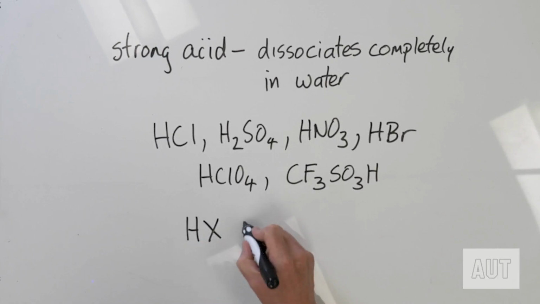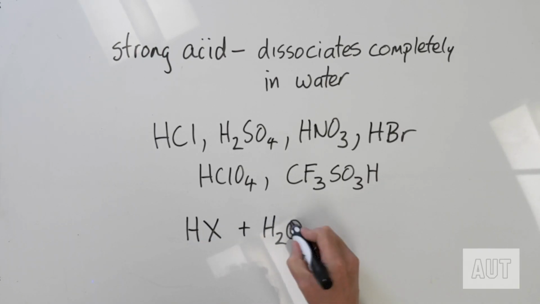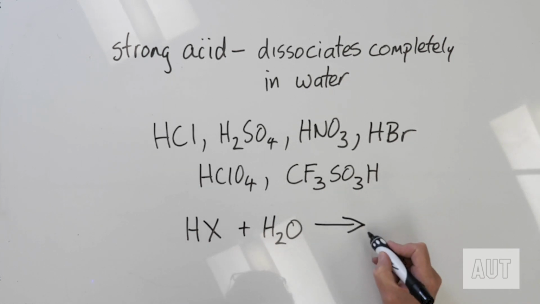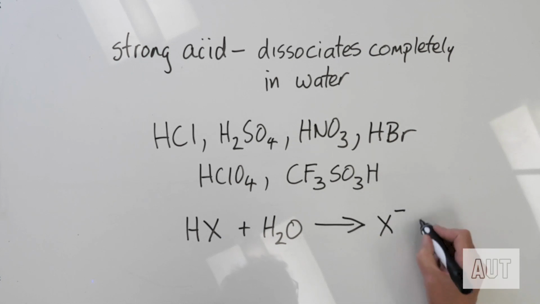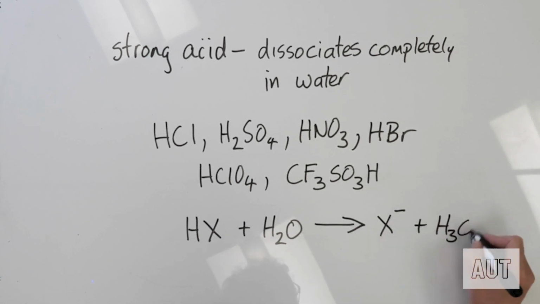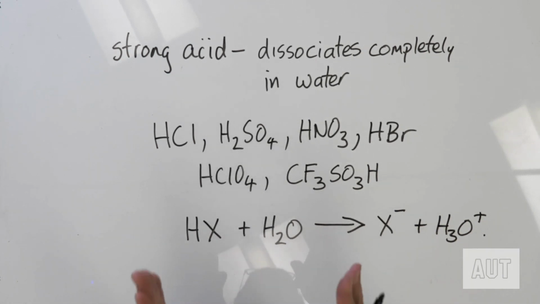Anyway, these acids all have in common that they are strong acids, and if we put them in water, acid HX plus H2O, they will react completely, not in equilibrium anymore, they will react completely to form X- plus H3O+. Okay, that's your definition of a strong acid.